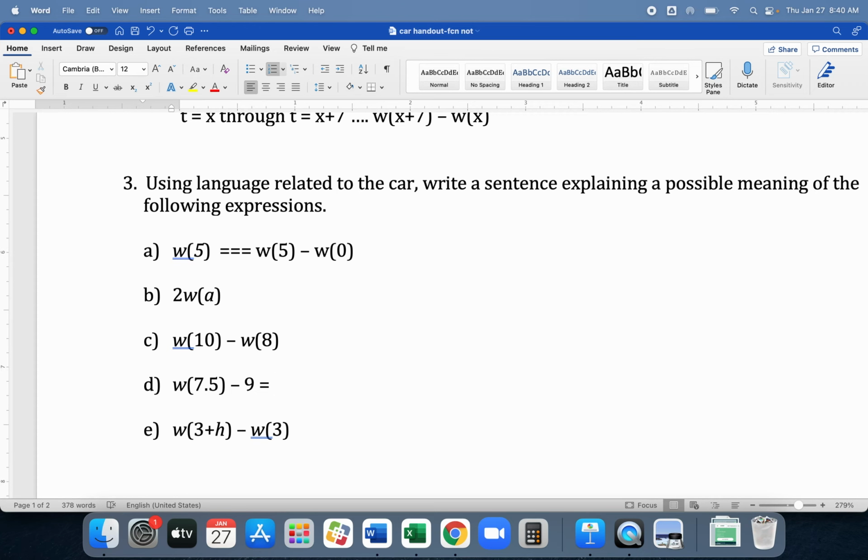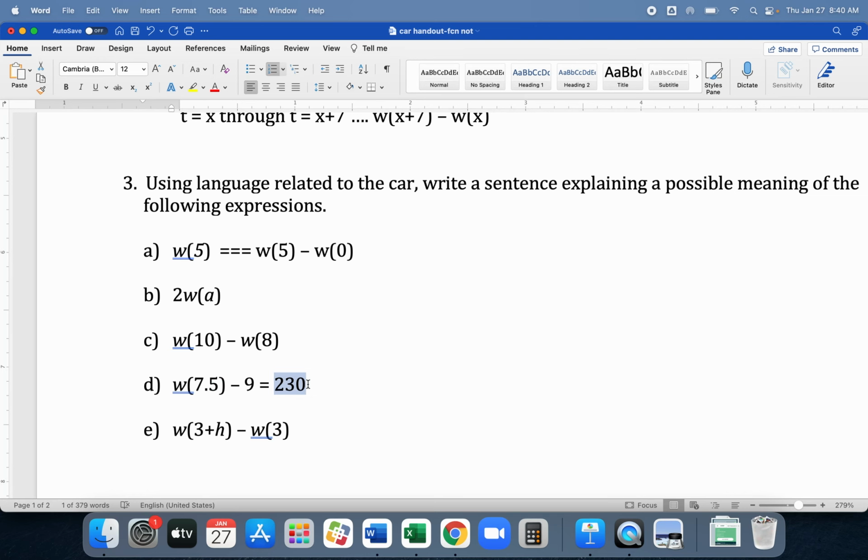So let's say that I did the subtraction and I got 230. Then I would know that W of 7.5 is 239, right? W of 7.5 is how far the car traveled in 7.5 seconds, some number of feet, and then I subtract 9.